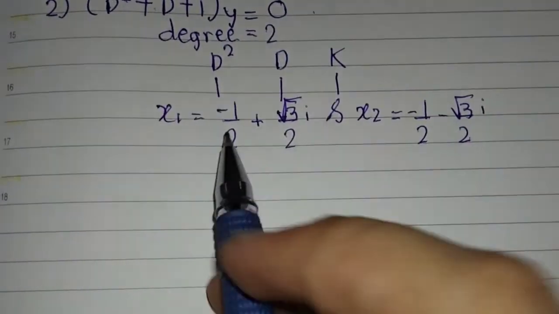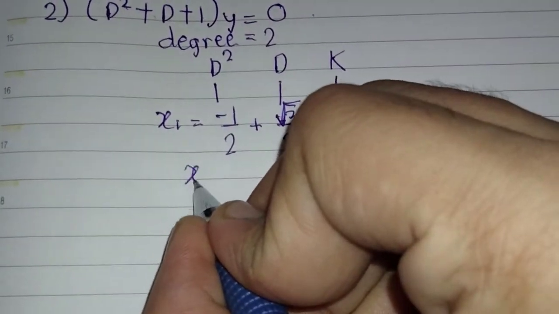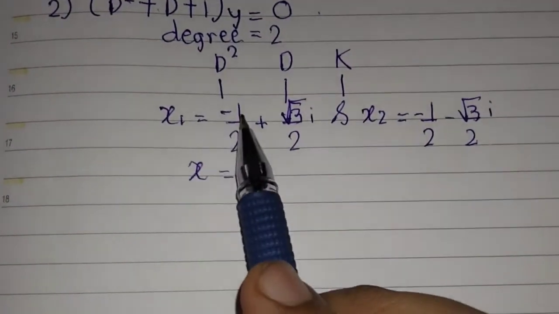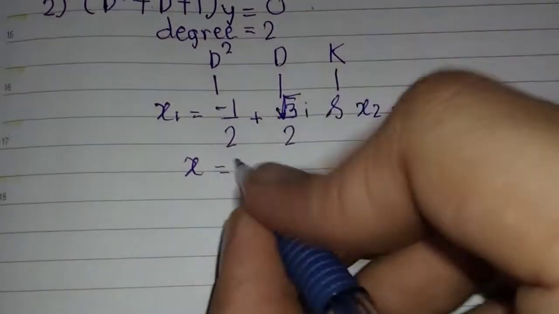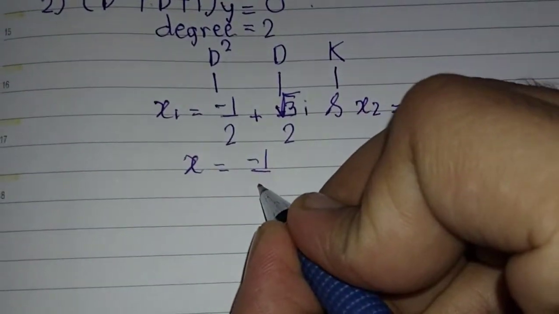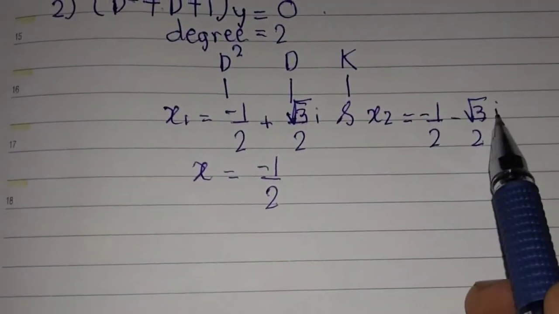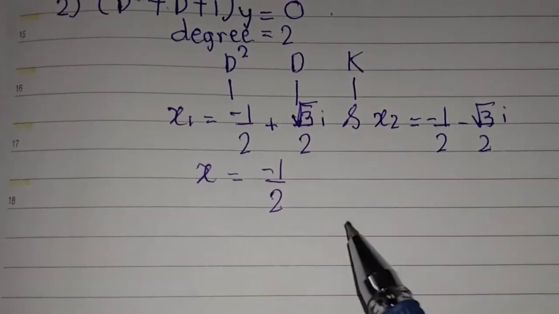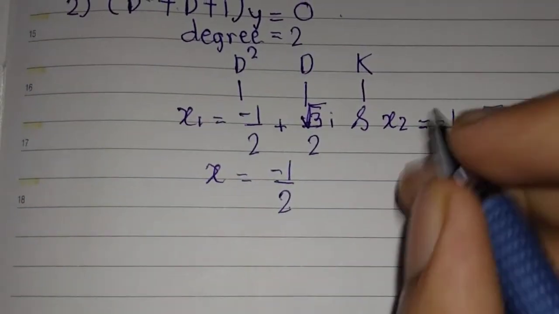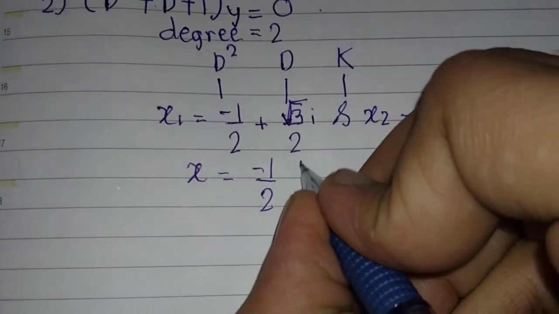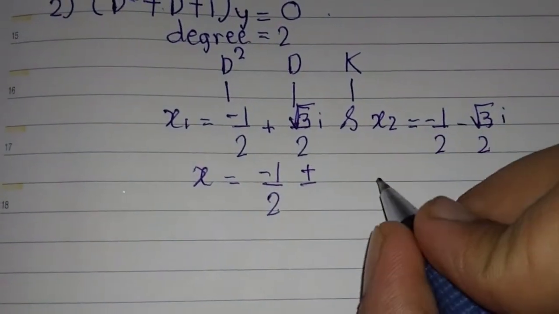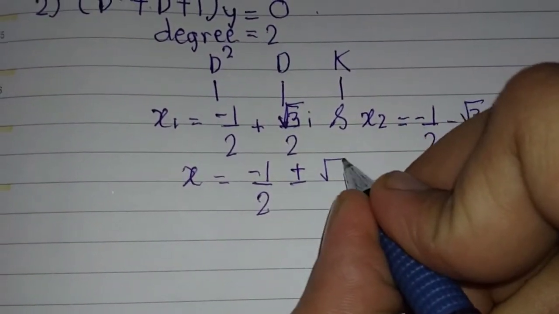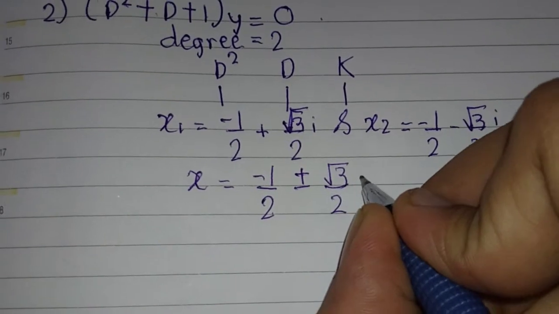We can write both the terms together as x is equal to minus 1 by 2 is common, so writing minus 1 by 2. And root 3 by 2 and root 3 by 2, they are also both same, but only the sign difference is there. So as we have done in the previous sum, we can write it as plus minus root 3 by 2i.